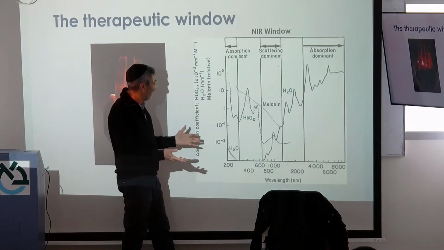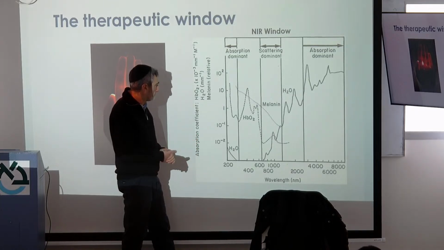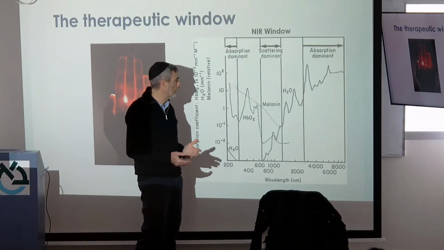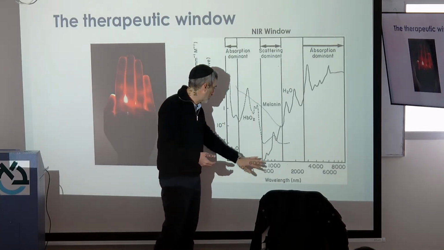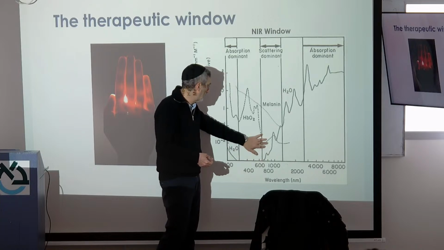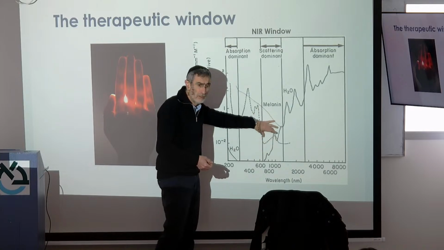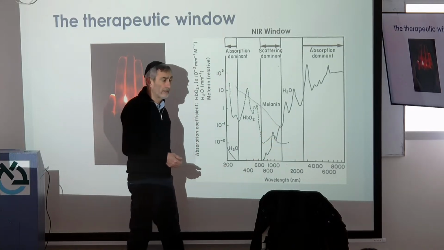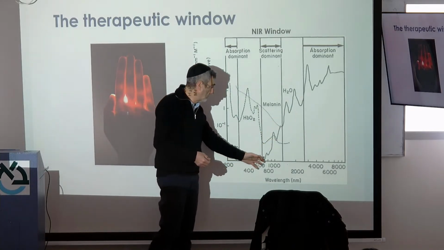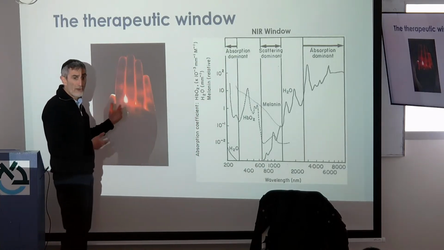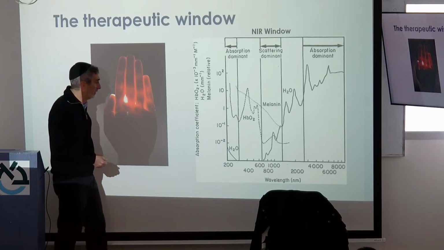So when you look at that, the only window where we can expect to see something is where you have not too much absorption from water, hemoglobin, and melanin. This is a very small window, actually at the limit of the infrared. That's what you see here, red coming through the skin.